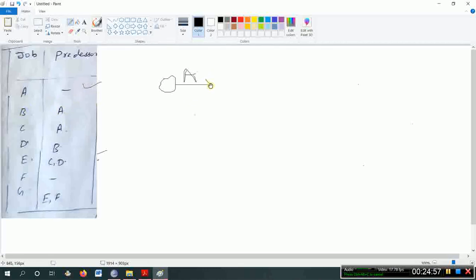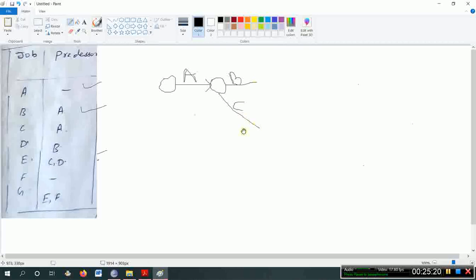So complete A, close this, then start B. Okay, this is over. Next, similarly, after completing A, C has to start. So after completing A, start one more activity called C.